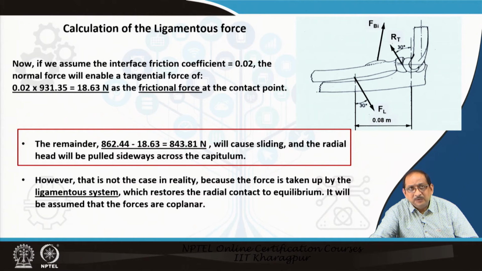So, the frictional coefficient multiplied by the normal force will give you the frictional force that is actually being generated at the point of contact, if we consider a frictional coefficient of 0.02.